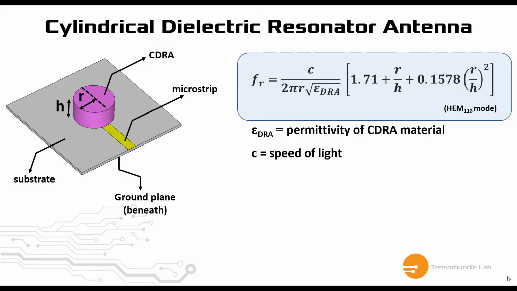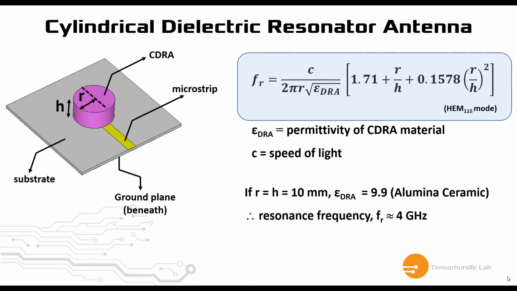So if we see the formula, we have epsilon DRA, which is the permittivity of the dielectric material, which is usually very high, and c is the speed of light. Now, if you assume that the radius and the height of the cylinder is 10 millimeter, and if we use an alumina ceramic, which has a dielectric constant of 9.9, then the calculated resonance frequency is 4 gigahertz.